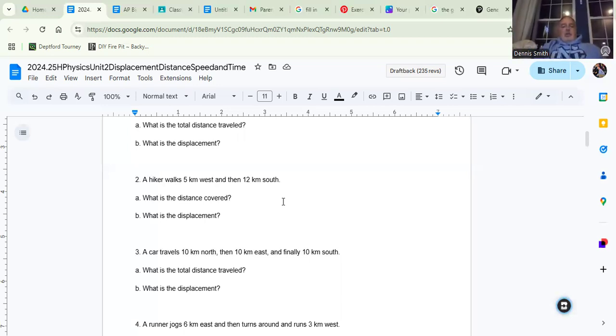All right. So this second one, when you're dealing with something like this, again, it's the same deal. You have one east-west direction, and you have one north-south direction. So 5 squared is 25. 12 squared is 144. 144 plus 25 is 169.